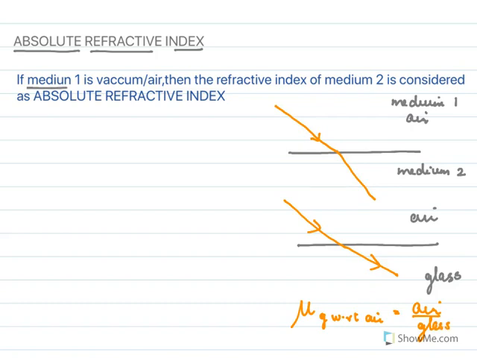So if medium 1 is vacuum or air, then the refractive index of medium 2 is considered as absolute refractive index.